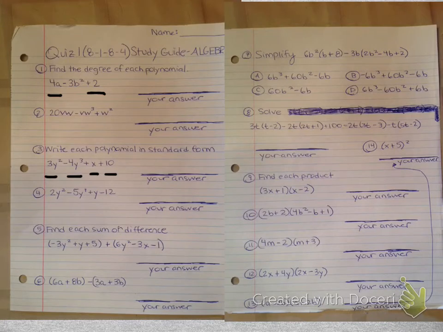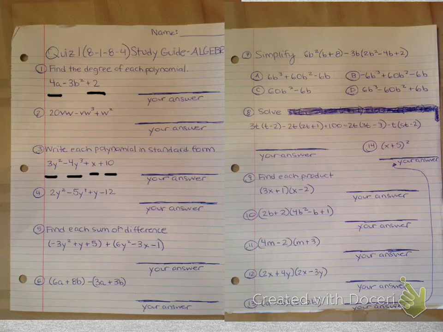Then we're going to continue to the next one. It also asks us to put this in standard form, number 4. And number 4 has a 2 as the exponent for the first term, a 4 as the exponent for the second term, a 1 for the third term, and a 0 for the fourth term. So again, we are just switching the first and second terms to put the exponents in order from greatest to least.